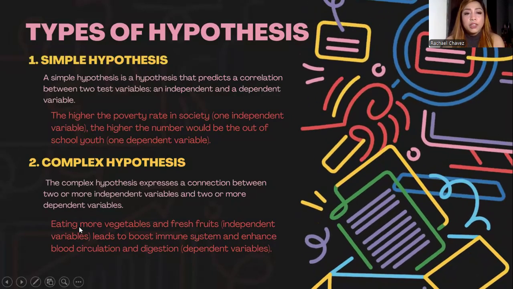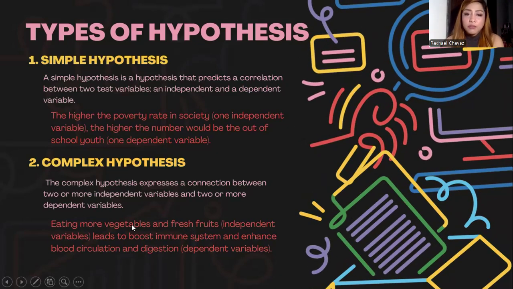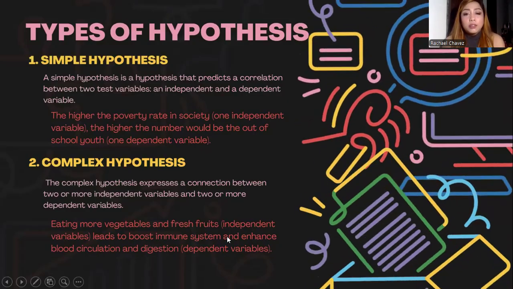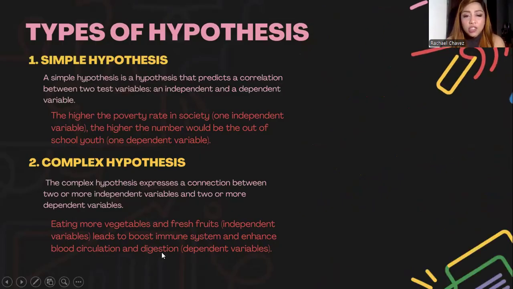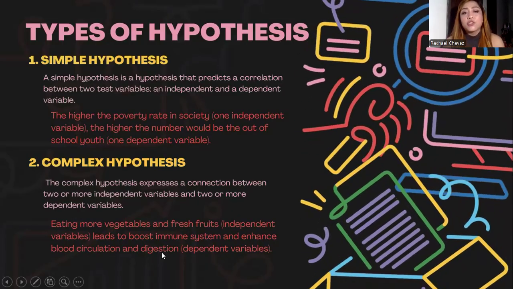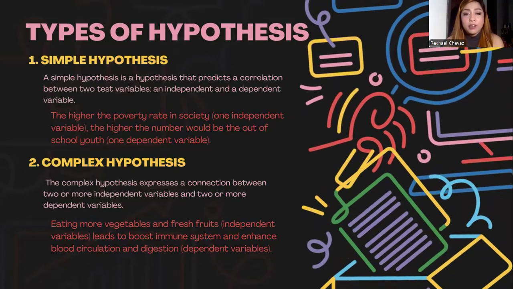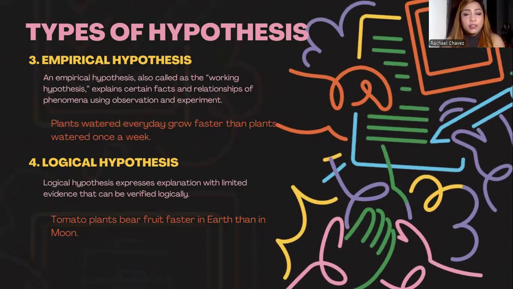So say, for example, eating more vegetables and fresh fruits, so dalawang independent yan, vegetable and fruit, leads to boost immune system, one dependent variable, enhance blood circulation, another dependent variable, and digestion, another dependent variable. So if there's more than one independent and dependent variable, that's complex hypothesis, okay? All right, but we don't usually do that, okay?